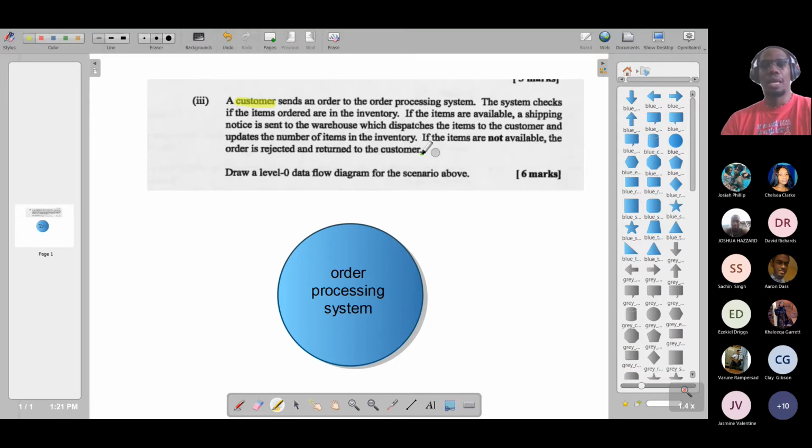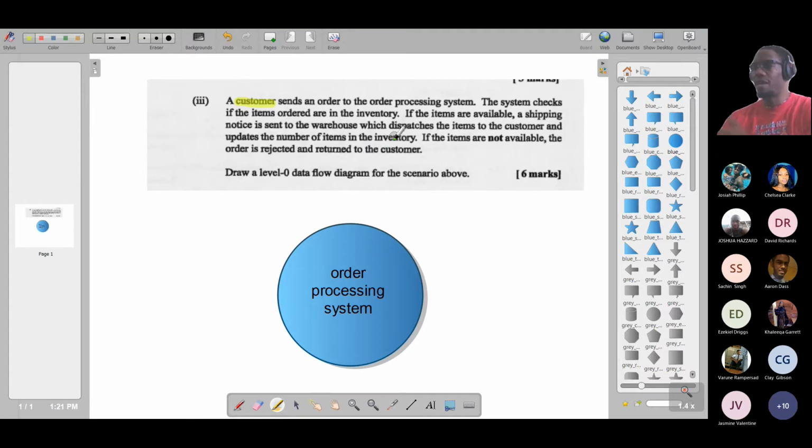Now, the warehouse also updates the number of items in the inventory. This is the reason why I think that the warehouse is part of the system. If the warehouse was external to the system, the warehouse could not be responsible for dispatching the order, the item to the customer, right?